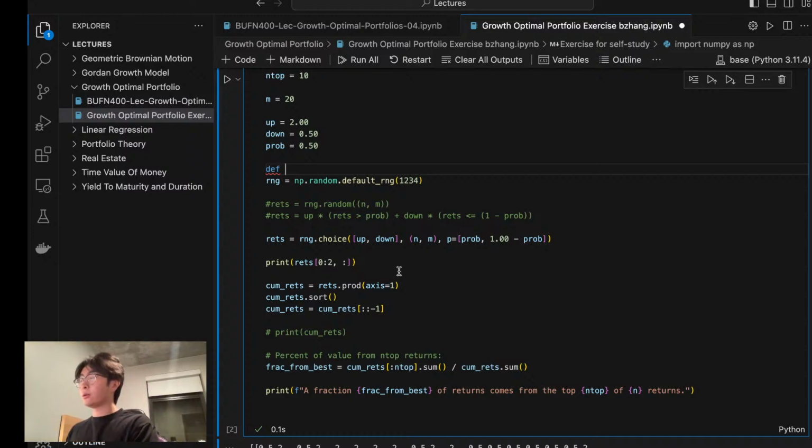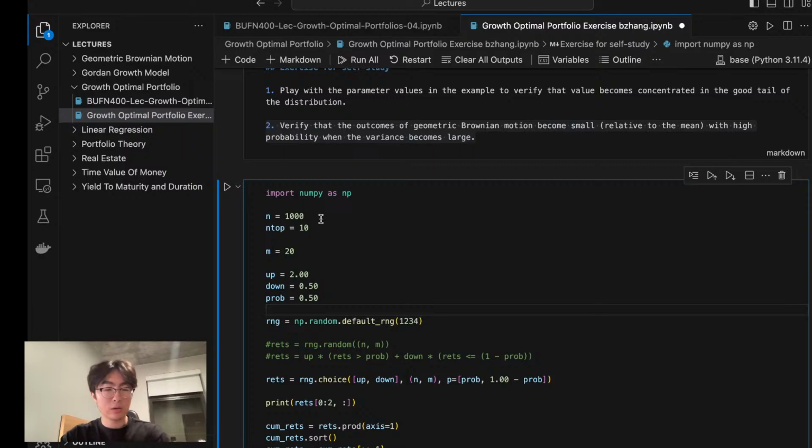What does np.choice actually do? I'm trying to figure out what np.random.choice actually does.